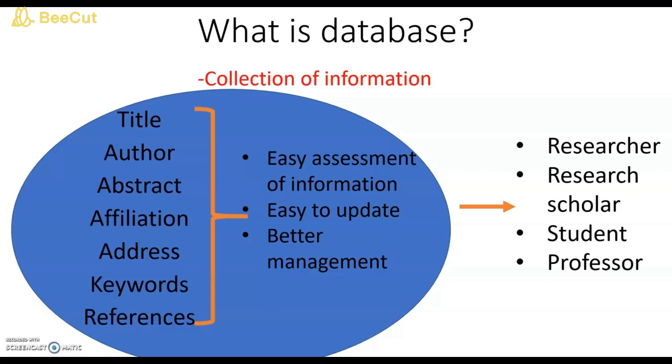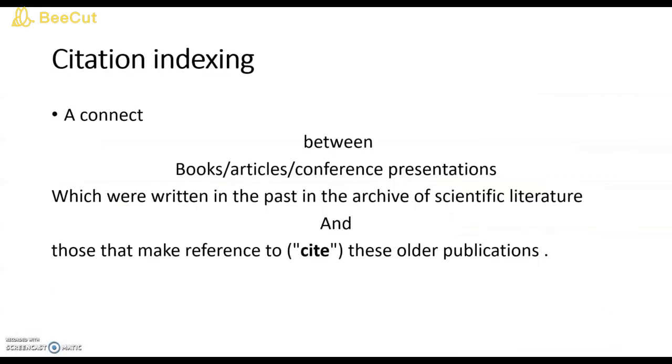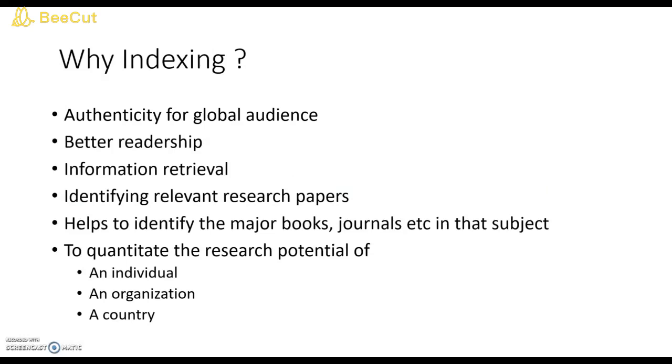All this database or information is utilized by researchers who may be a research scholar, a student, or a professor in any department. And in a search engine, I have taken the example of PubMed. I've used PubMed as the search engine and given you the details of how it got reflected once I put any keyword or the title or the author name, and what information is being reflected on this particular page. Then, what is citation indexing and its importance?